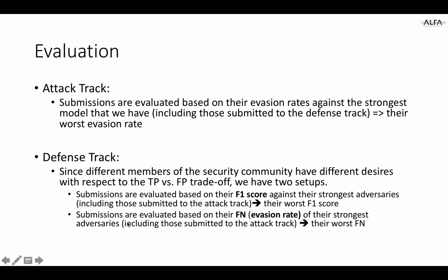In other words, we rank all of the submissions based on their worst false negative rate, and the model with the best worst false negative rate is the winner.